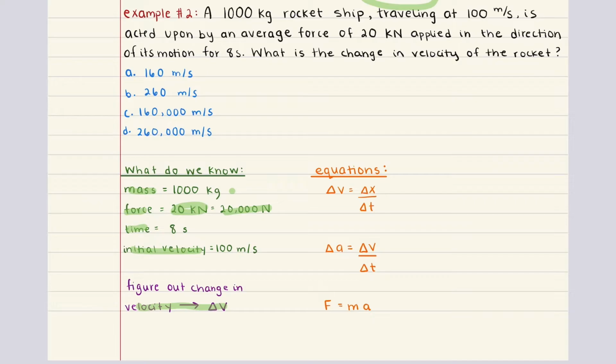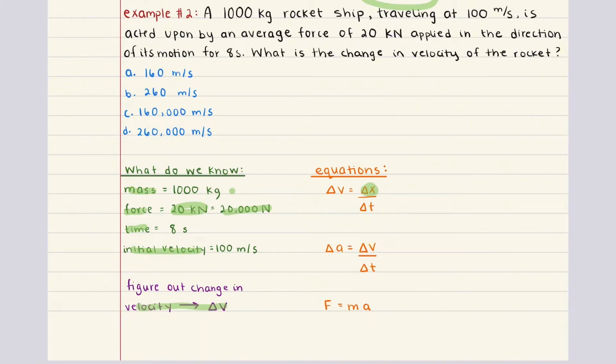Now, velocity is defined as change in displacement over change in time. While we know the change in time, we're not given any information where we could work backwards and obtain the change in displacement.